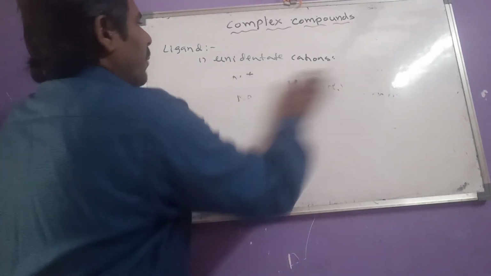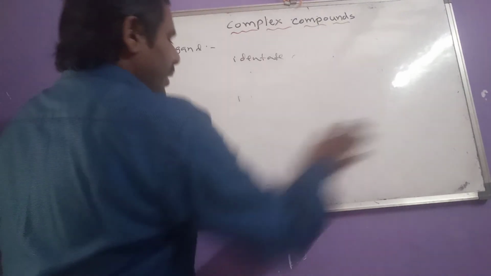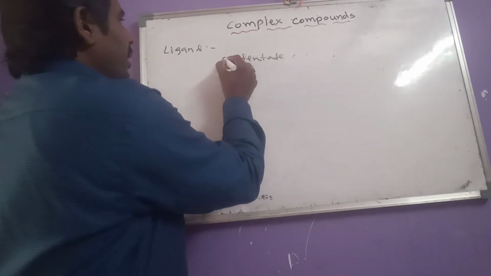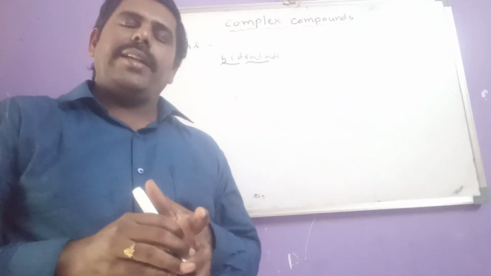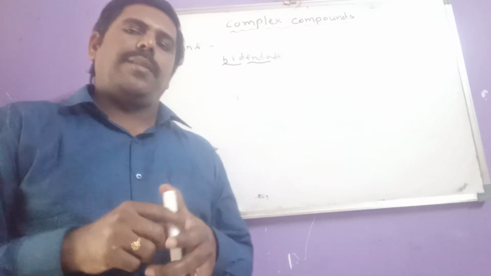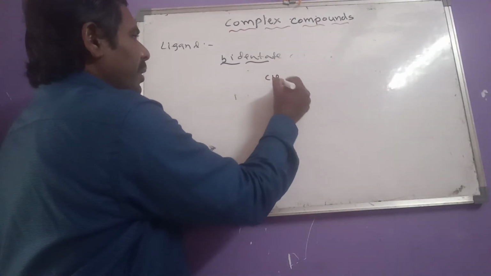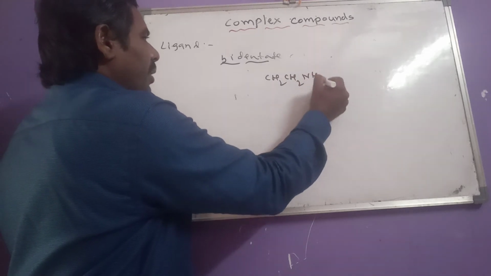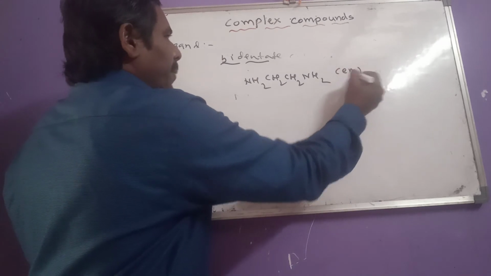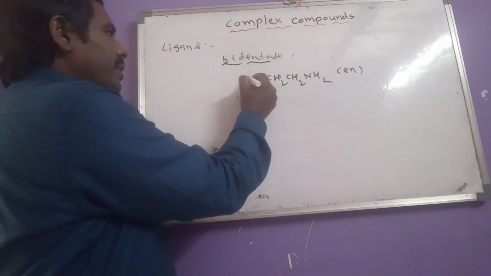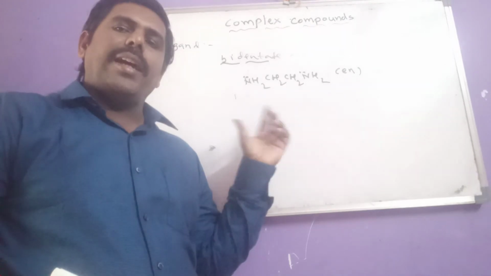Then we come to the bidentate ligands. Bidentate ligands contain two donor atoms. First, ethylenediamine, formula NH2CH2CH2NH2, simply represented as en. Here the nitrogens are the donor atoms in ethylenediamine.